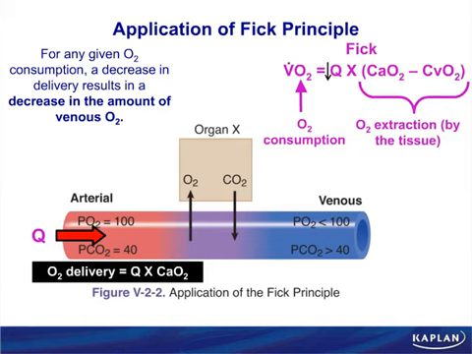Look over at the Fick equation, got an arrow down for the flow. Well, if flow goes down, then that means extraction had to go up in order to keep oxygen consumption constant. If flow goes down, the extraction has to go up in order to keep oxygen consumption constant. Well, if extraction goes up, then venous oxygen falls. If extraction's going up, then that means there's going to be less in the vein. All right, hopefully that makes good sense to you.